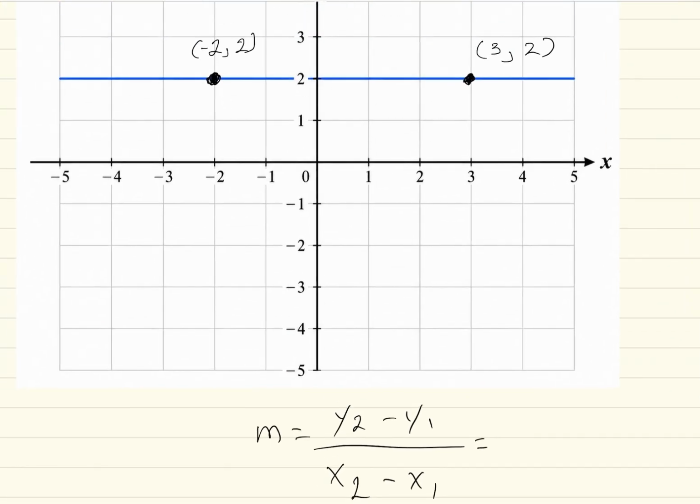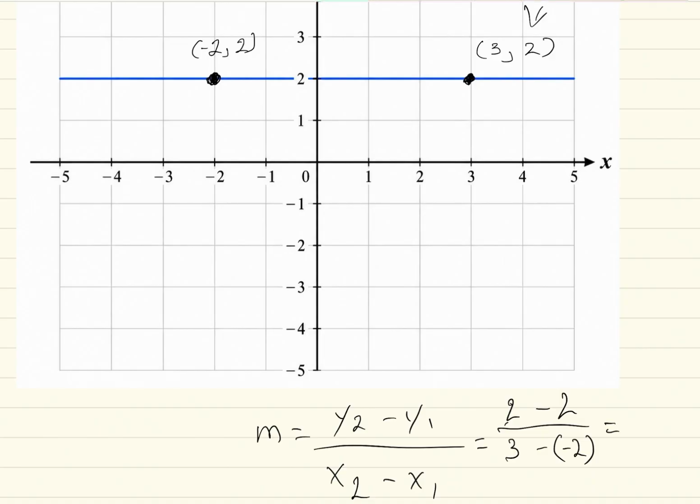So let's pick any random point and stick with that one consistently. So let's say we start with this point here. And it doesn't matter, you could start with this point too. Whichever you pick, just be consistent. Okay, so let's start with the y value. So 2 minus 2, and then the x values are 3 minus -2.